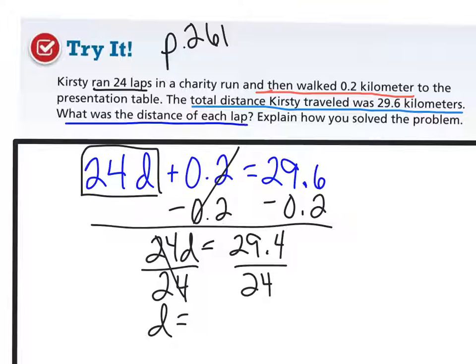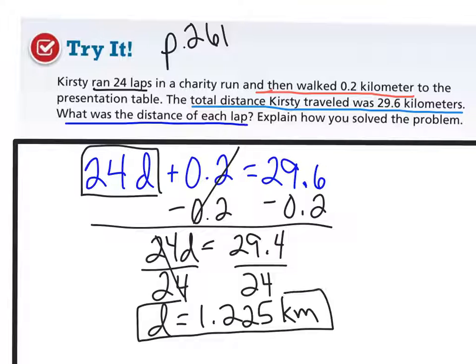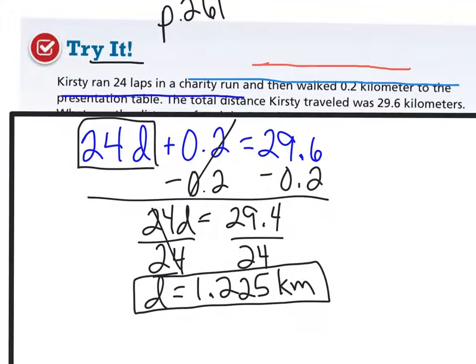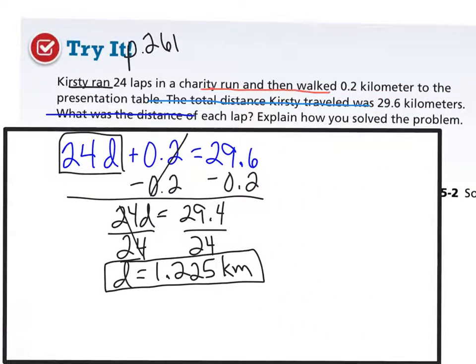And when you divide that out, you should get 1.225. So 1 and 225 thousandths kilometers for each lap. Like I said, that's one way we can do the problem.